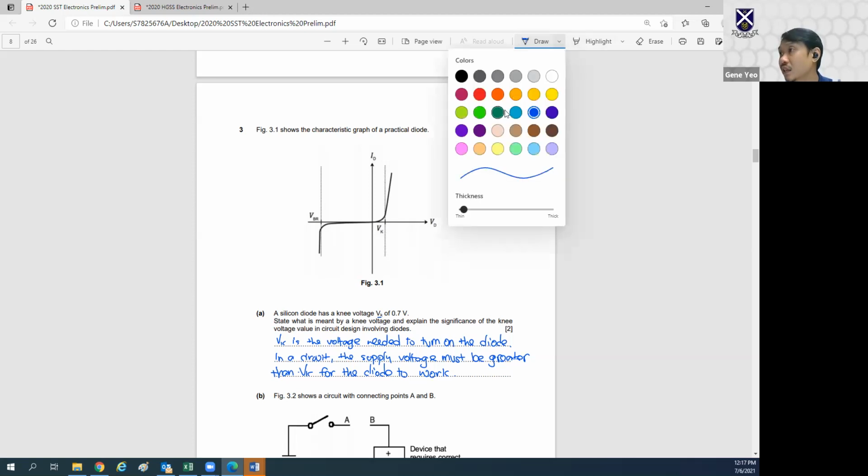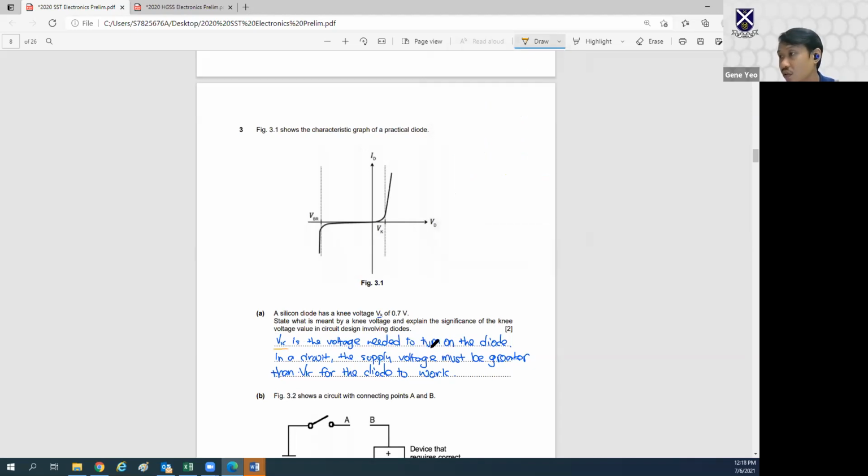There are other answers as well, but this is it. So basically Vk is what is needed to turn on the diode, and you have to keep in mind the consideration that the VCC must be greater than the Vk.